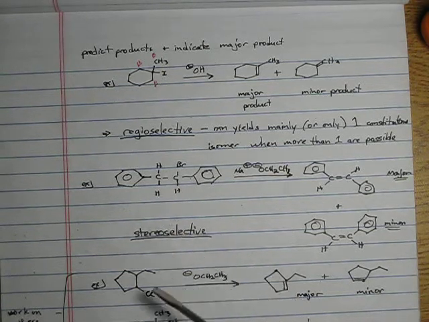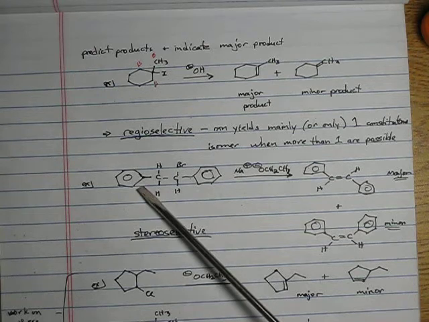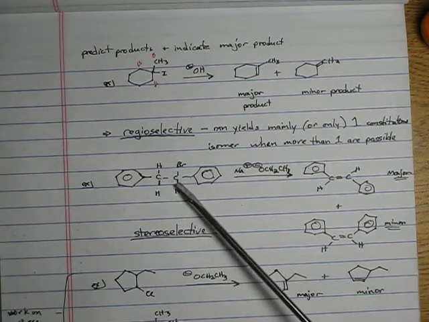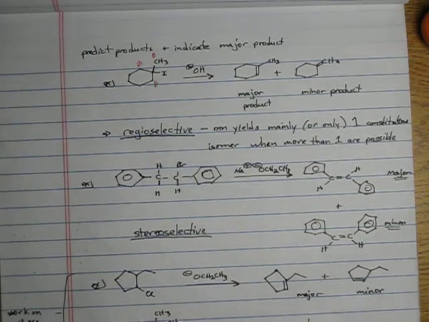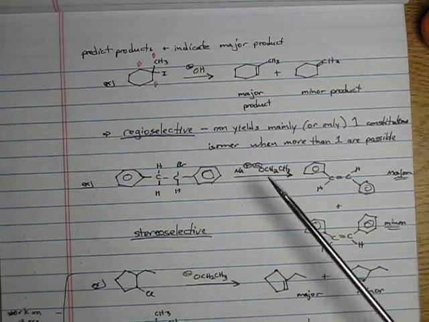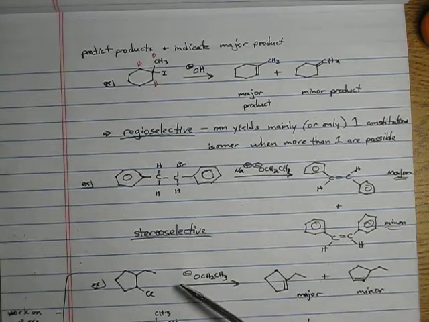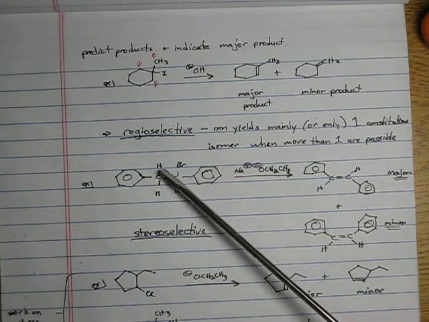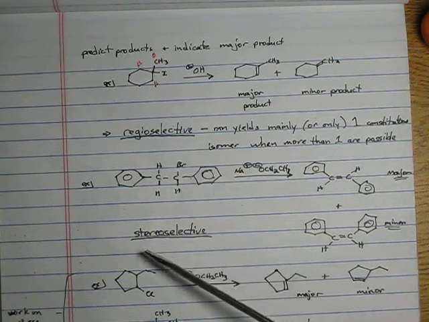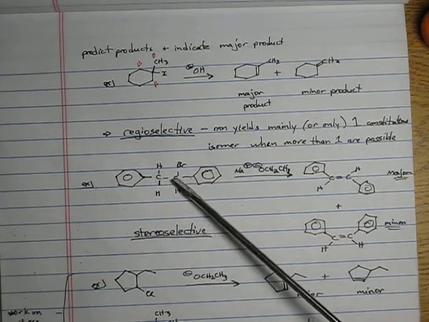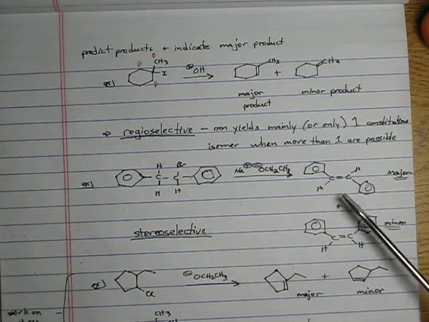Now, when we look at this reaction, if we have a benzene ring, a CH2, a CHBr, and another benzene ring, we add strong base, we're going to get E2 elimination. Note, one of these hydrogens will be taken, the bromine will go, the double bond will form between these two right here, and note we can get the trans and the cis product.